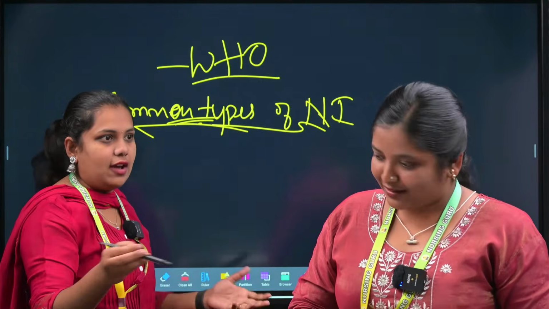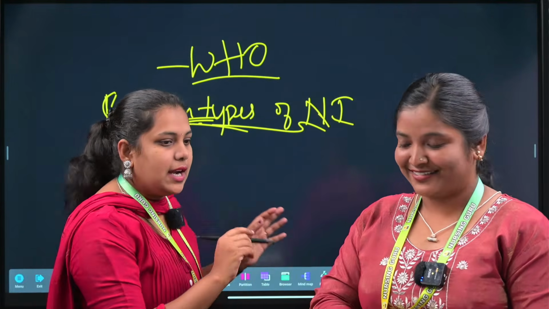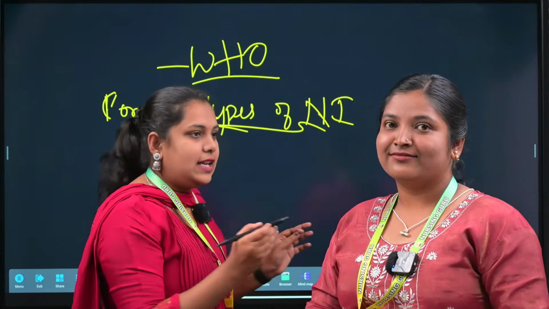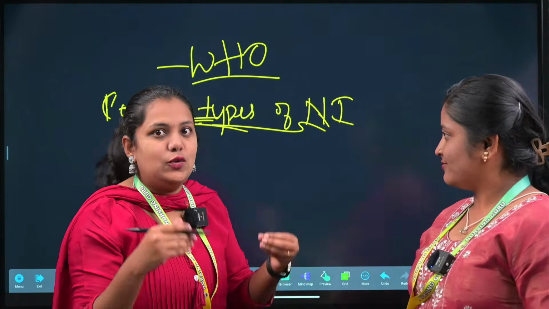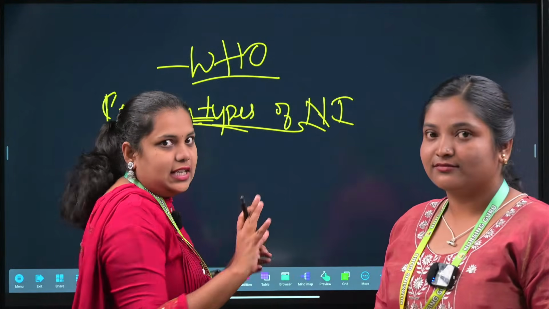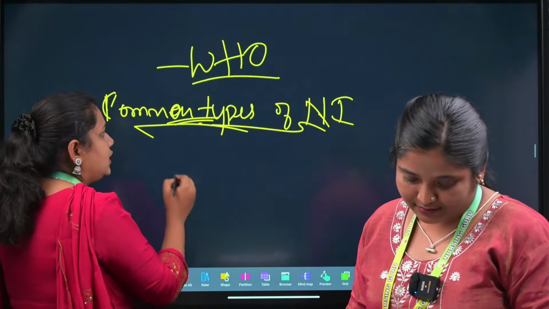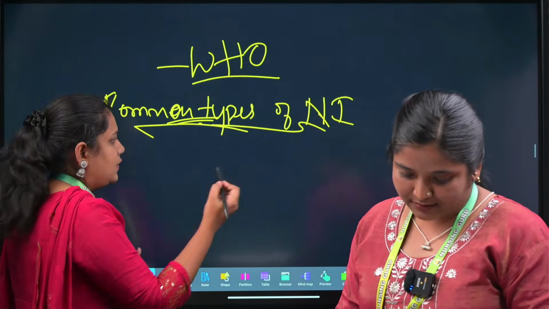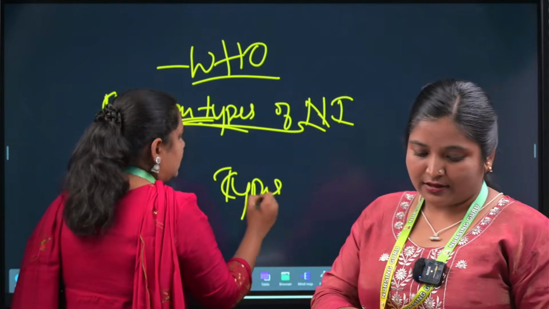If you don't have, go with the second page. In the first page, don't write the schematic presentation, because they will feel like you are trying to cover the pages, not the answer. You don't know the answer, you are just covering the pages. They'll think like that. Instead, in the second or third page, start using the schematic presentation. For example, you can use a schematic presentation for types.